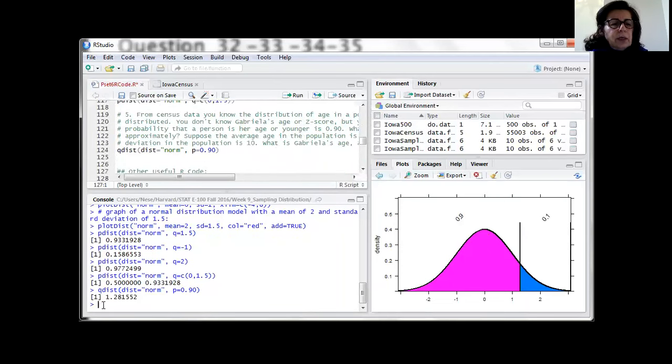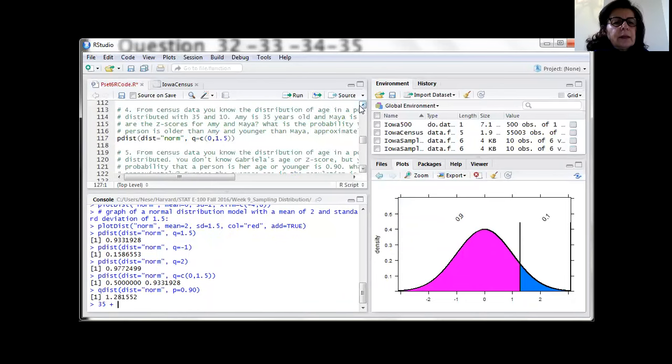So what we need to do in here is 1.28, 0.90. What was the standard deviation? So this is what we need to know.